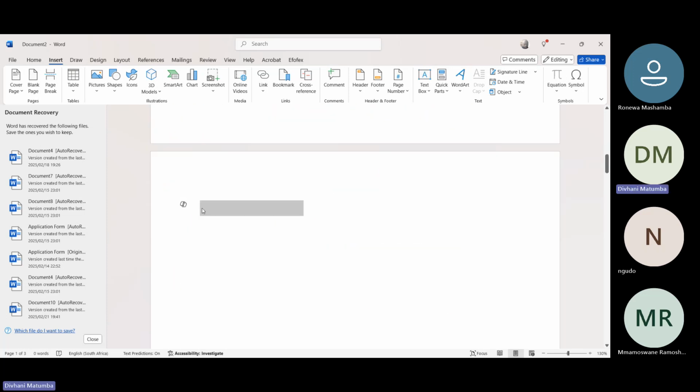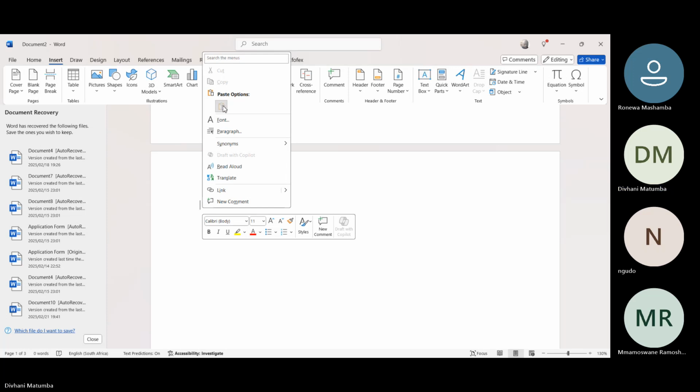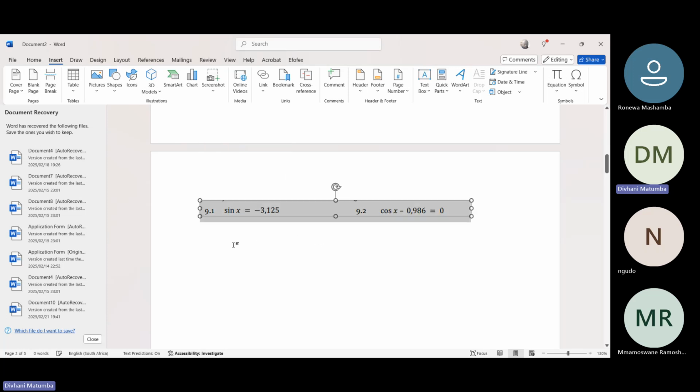An example of a general solution. 9.1. Sine x is given by minus 3.125. So, what is the angle that we are looking at?